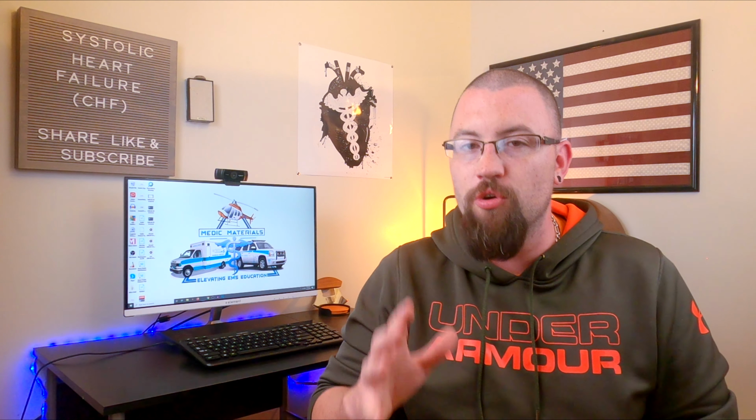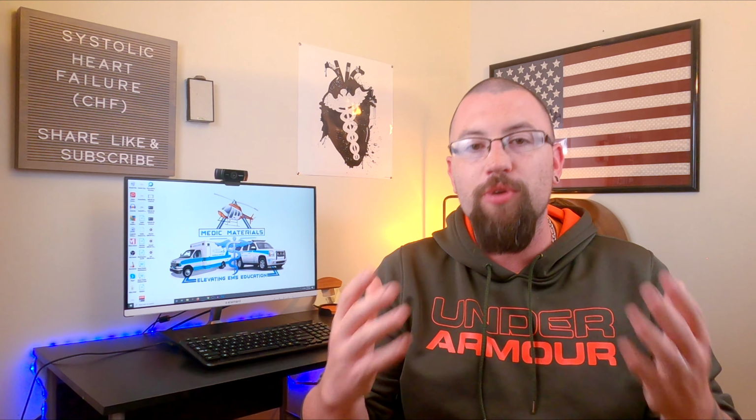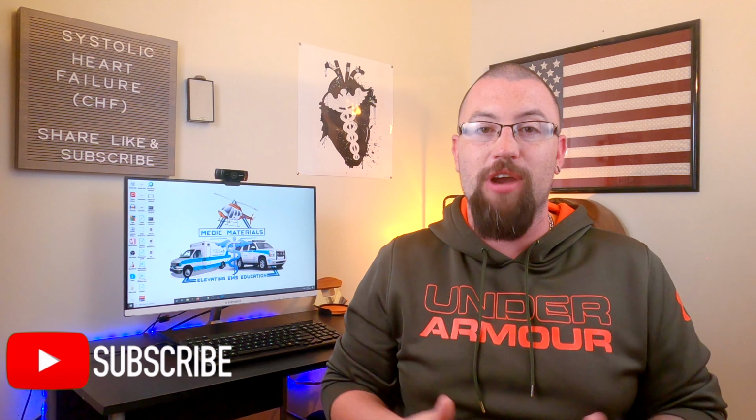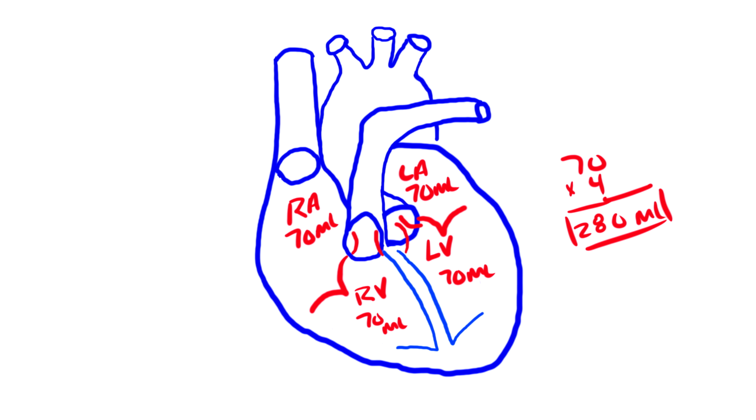If the heart is normal and not sick, having a decreased or increased preload should be manageable. But what happens if the heart has a decrease in contractility and we increase the preload? The heart can hold approximately 280 milliliters of blood if fully filled.